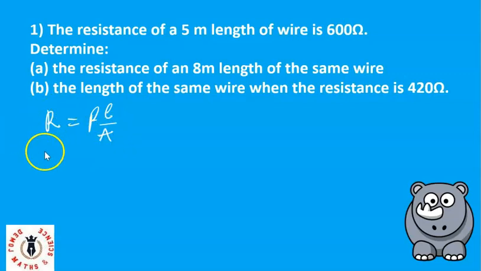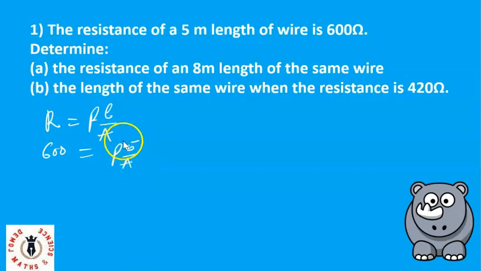So that the resistance is 600 ohms, that is, my 600 ohms will be the same thing as the resistivity of the material times the length, which is 5 meters, over the area. Since we're going to look for the resistance of the same type of wire, that means the resistivity of the material will be the same thing, and the cross-sectional area will be the same thing.